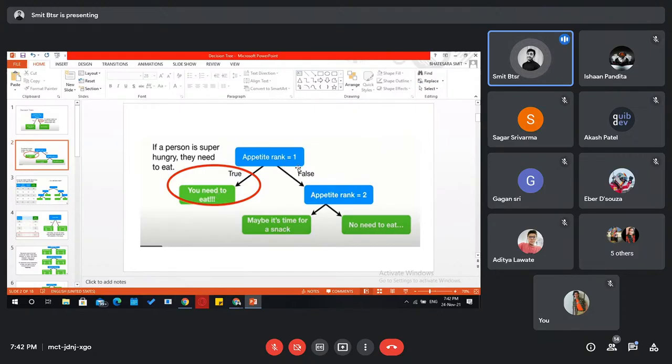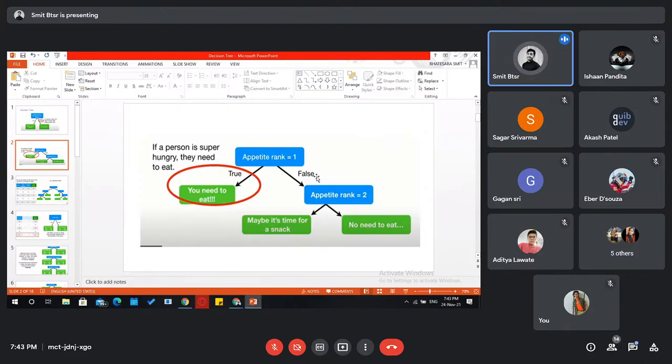If not, the next question was, am I a little hungry? Then I need to eat snacks. Or am I not hungry at all? Then I don't need to eat anything. So we can understand that the first question is more important than the second one, right? Certain questions should be asked first.